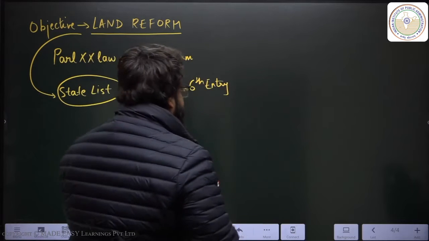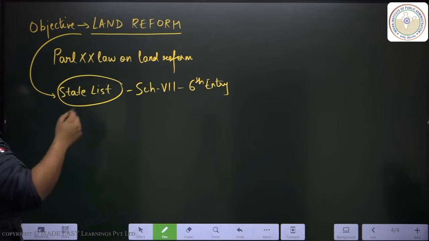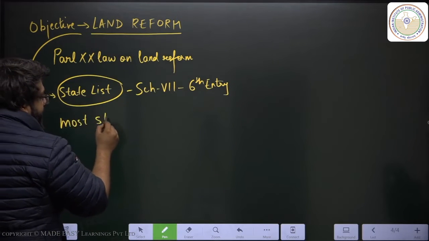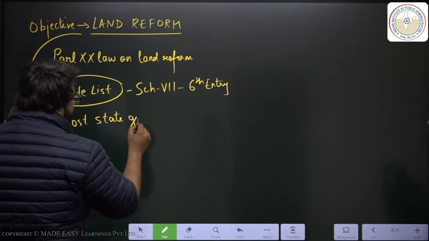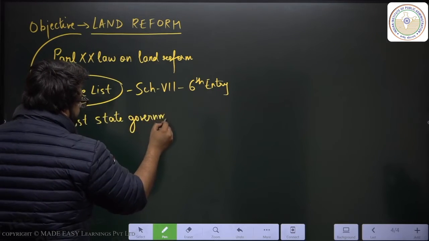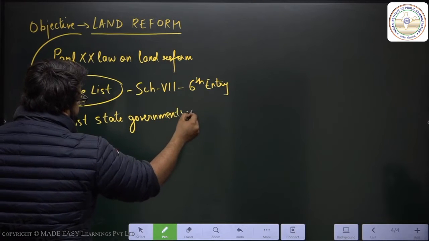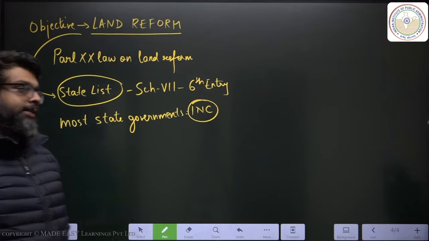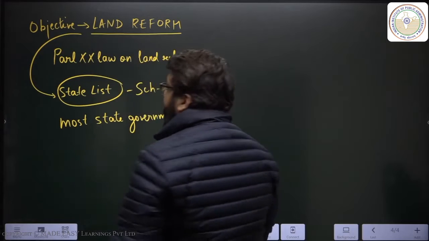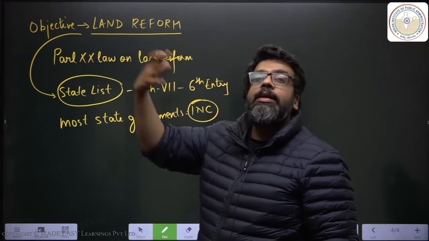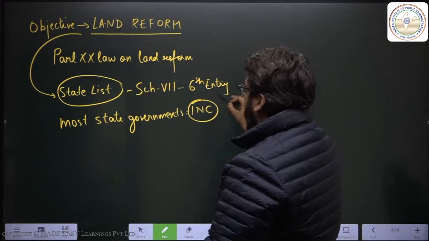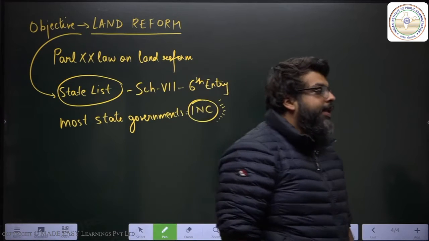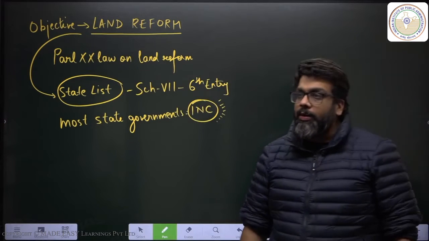So as a result of this, when elections are held at state legislative assemblies, most state governments also happen to be of the same political party as the center, which is the Indian National Congress. So all that the political leadership had to do was get in touch with the regional governments and tell them that we need to make land reform laws.